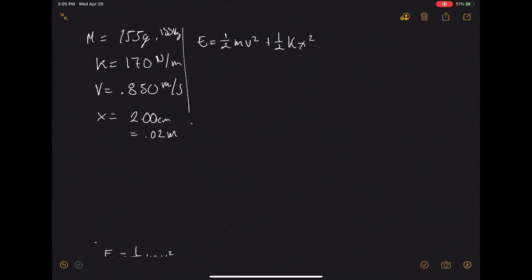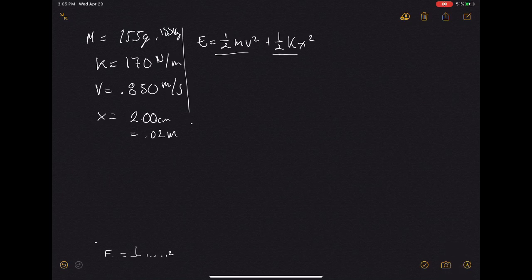So now we have to use the energy of the system formulas. So I put first the energy formula and also the oscillation formula right here. So now we just have to plug in the numbers.